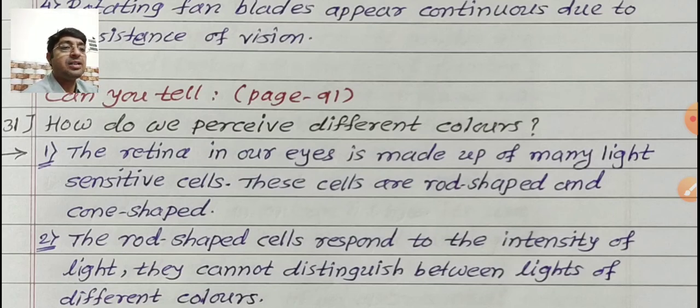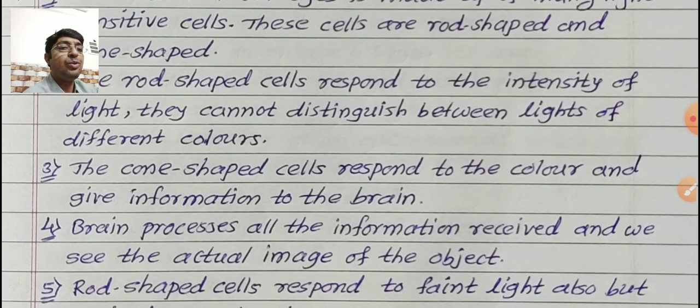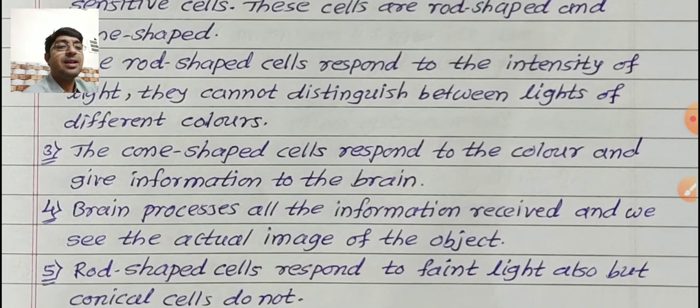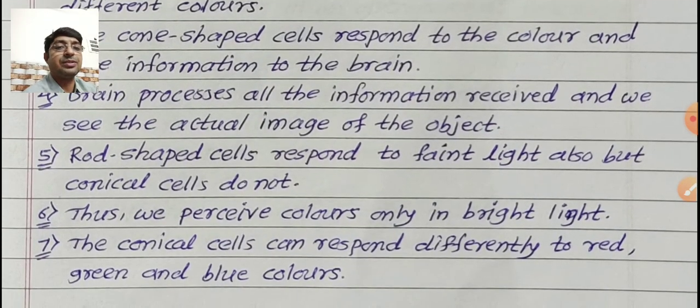These cells are rod shaped and cone shaped. The rod shaped cells respond to the intensity of light. They cannot distinguish between lights of different colors. The cone shaped cells respond to the color and give information to the brain. The brain processes all the information received and we see the actual image of the object.